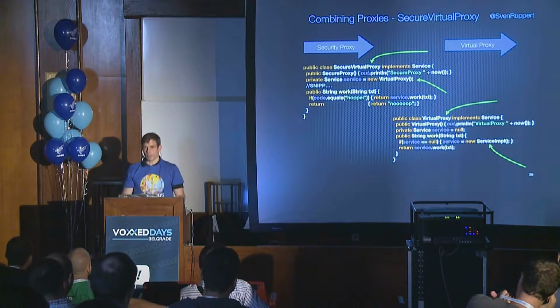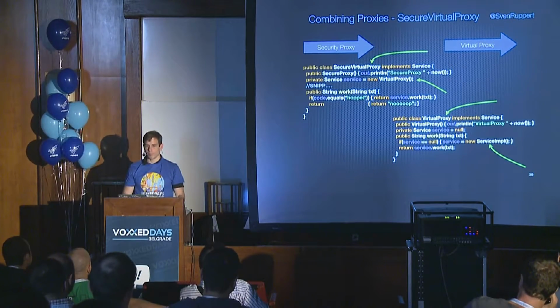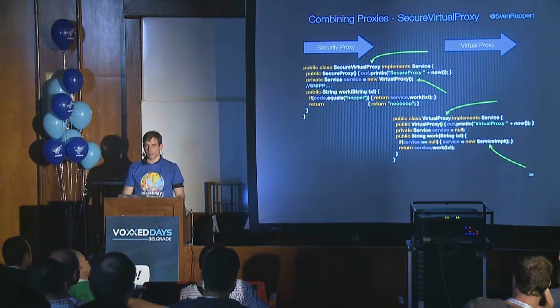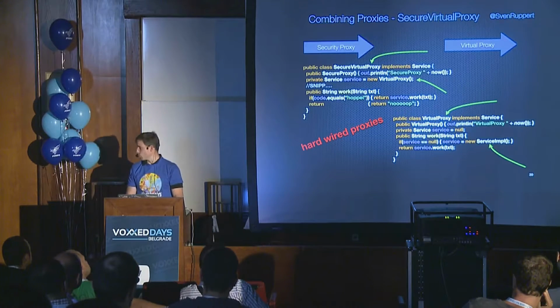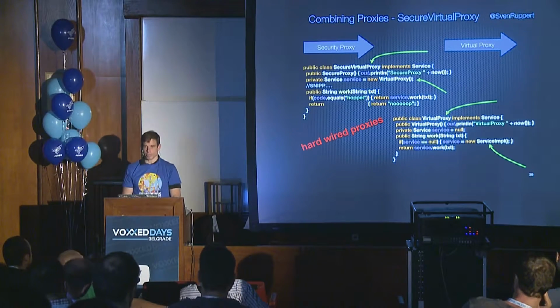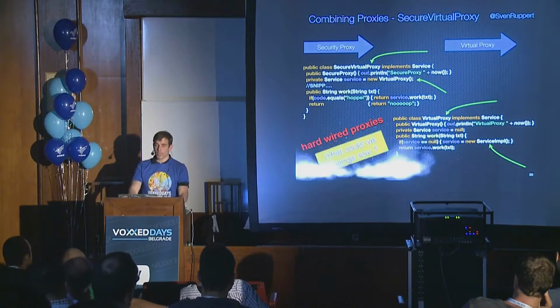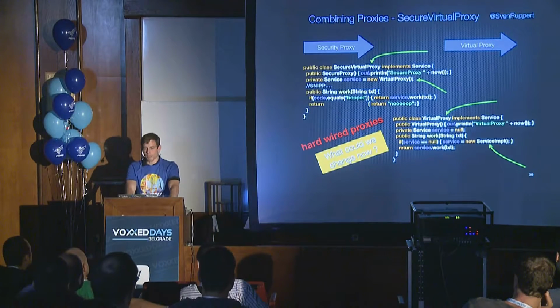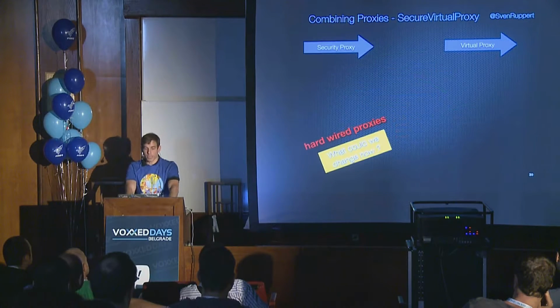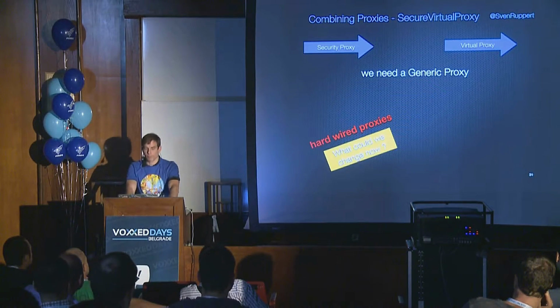What is the problem here? I think the biggest problem is there's hardwired proxies. Nobody wants to write all this stuff for every combination. So we have to see if we could change it in a way that we can add proxies together without writing everything. For this, we need a generic proxy.